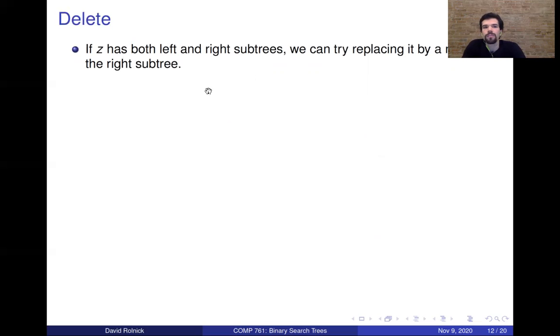But which one do we need to pick if we're taking a node from the right subtree and moving it up there? The smallest node in the right subtree.